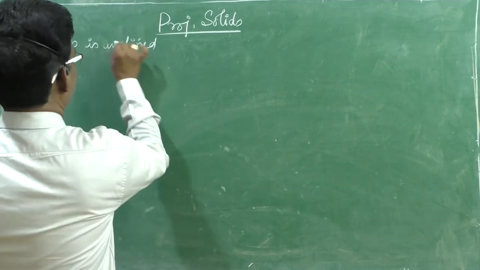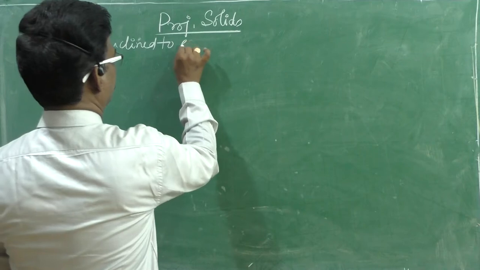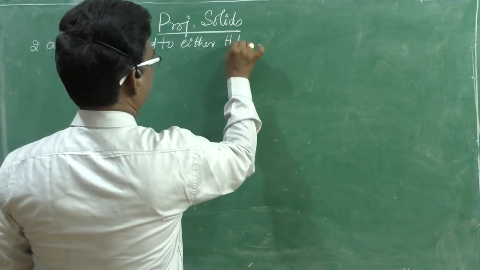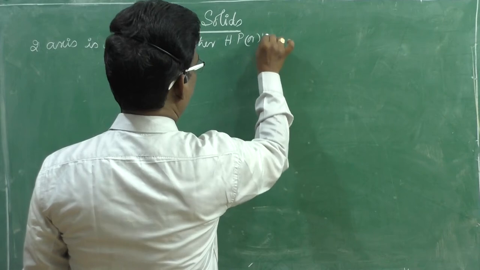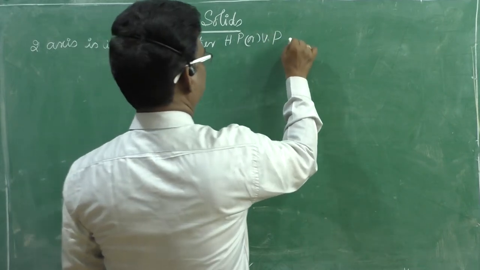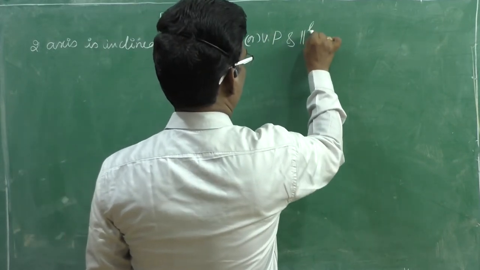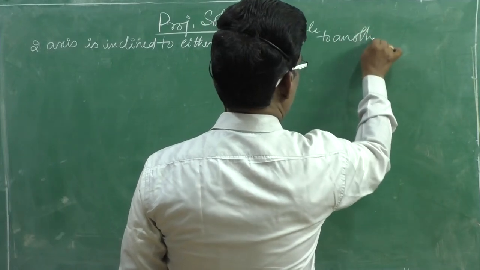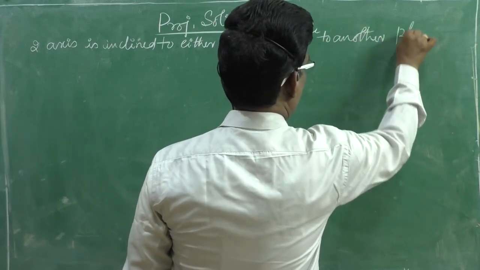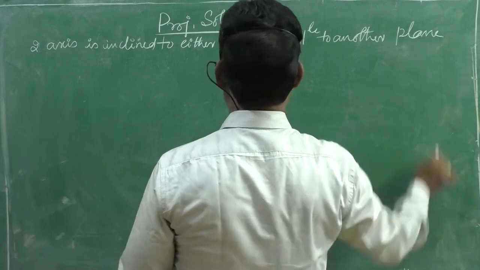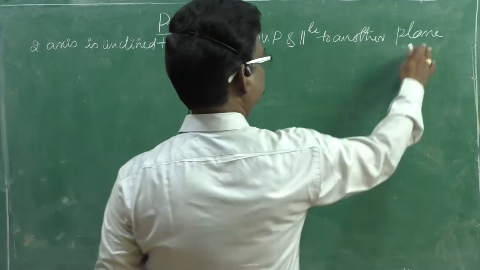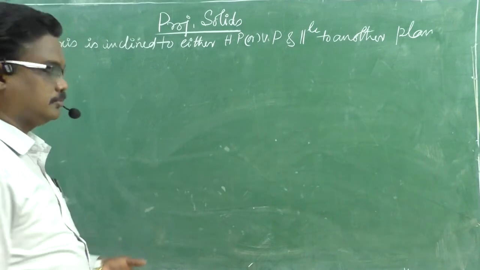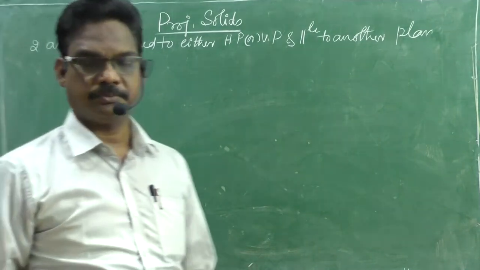Axis is inclined to either HP or VP and parallel to another plane. Okay, this is given. Other plane, right. Now we will consider one problem.